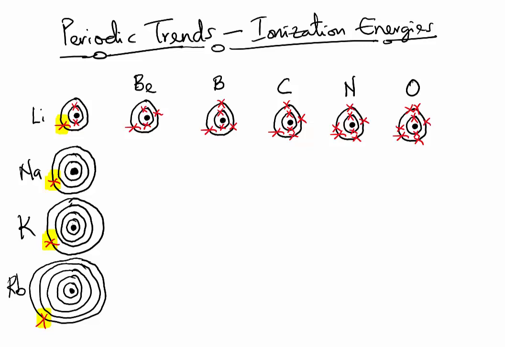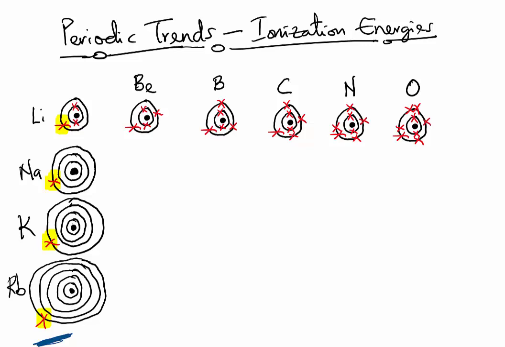If you look carefully at this, you would see that rubidium will require the least amount of energy to knock off one electron from it. And this is the question: why? Why rubidium? The outermost electron in rubidium is very far away from the nucleus. Remember, the nucleus is positively charged.